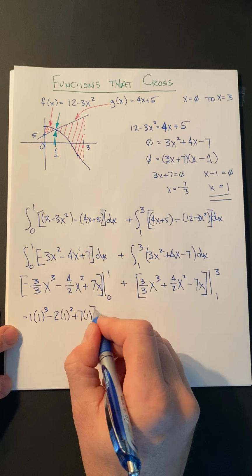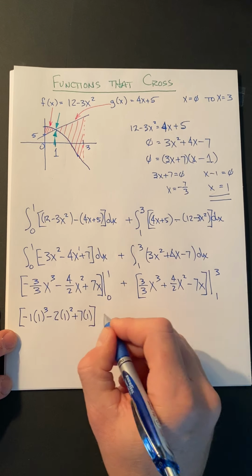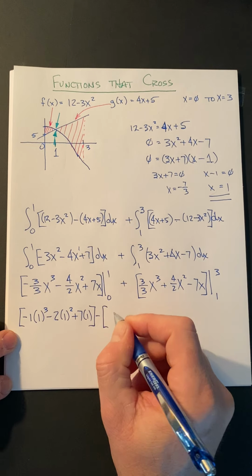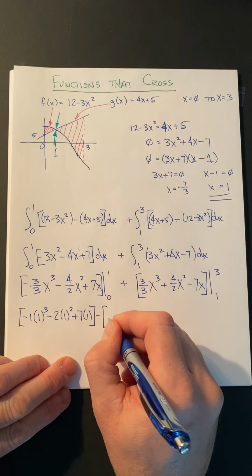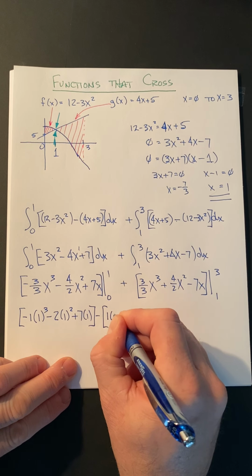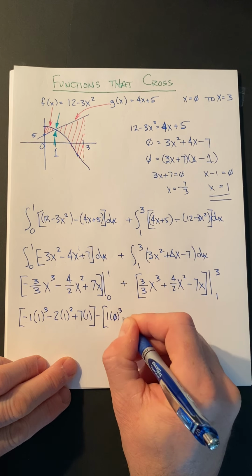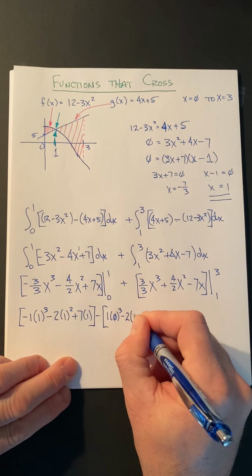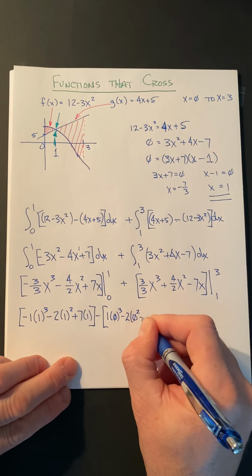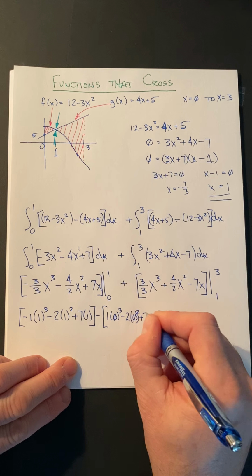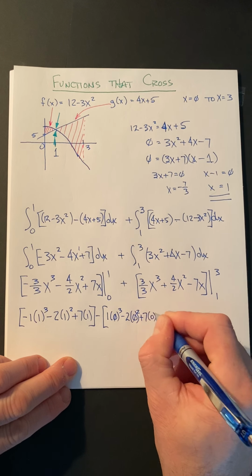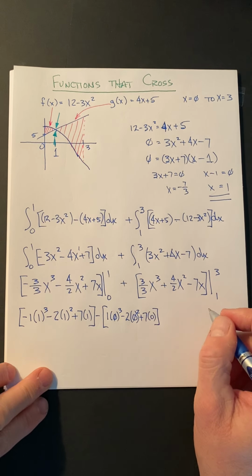That's the upper minus the lower. So I'm going to have 1 times 0 cubed minus 2 times 0 squared plus 7 times 0.